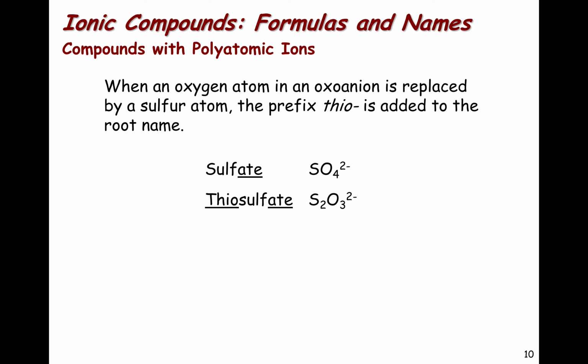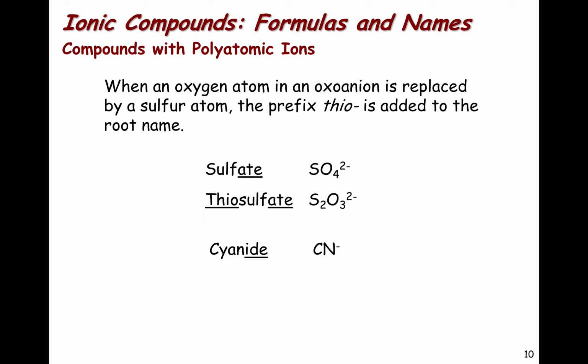Thio means that there is sulfur in the formula. And so in this case, we compare the formula of sulfate, which has one sulfur and 4 oxygens with a 2- charge. If we replace one of those oxygens with an additional sulfur so that there ends up being 2, we would refer to this as thiosulfate.